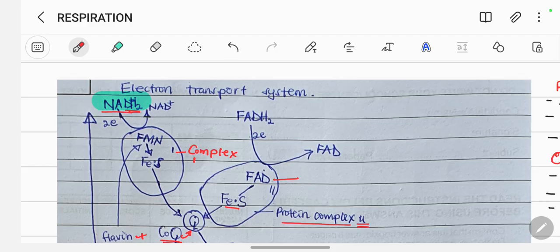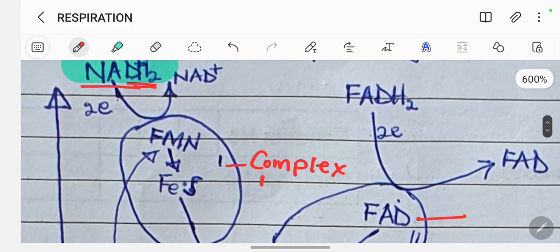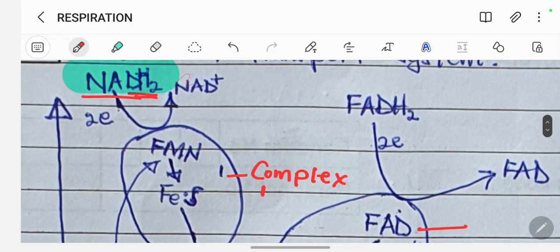So let me try to explain it from this very drawing here.